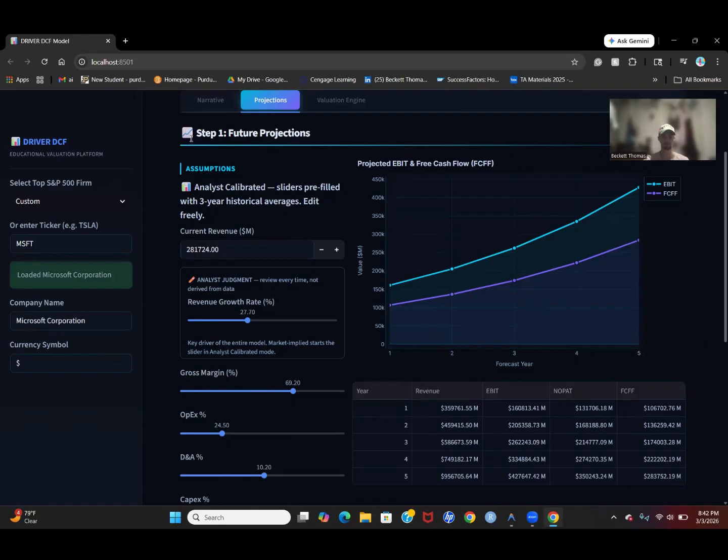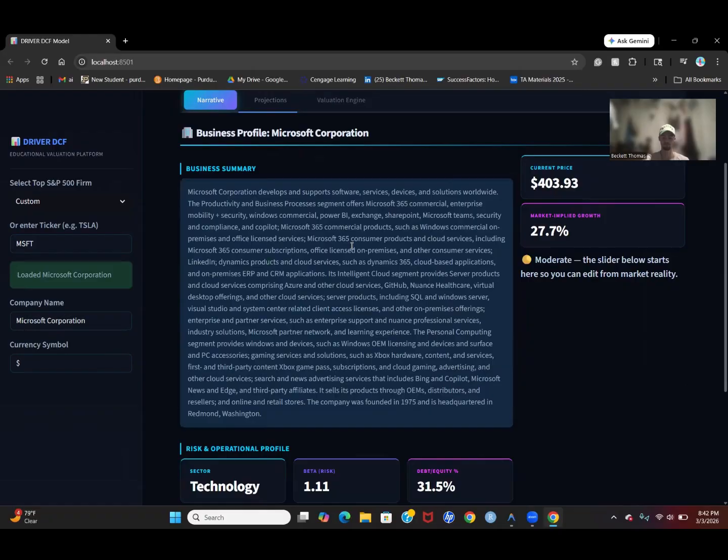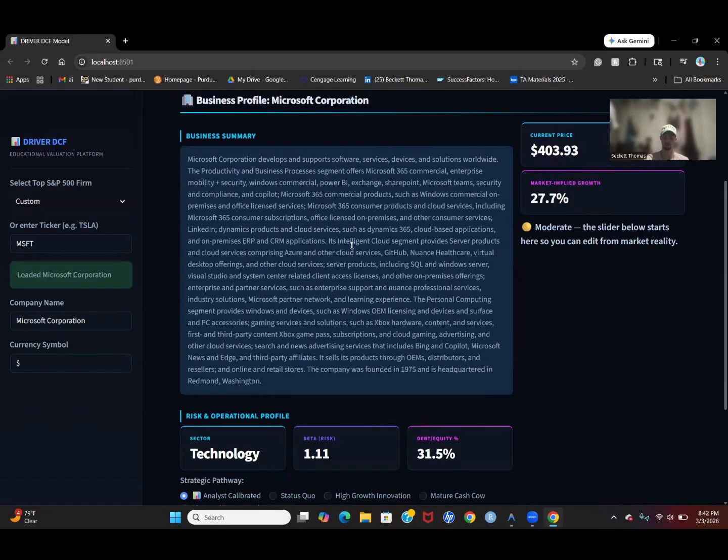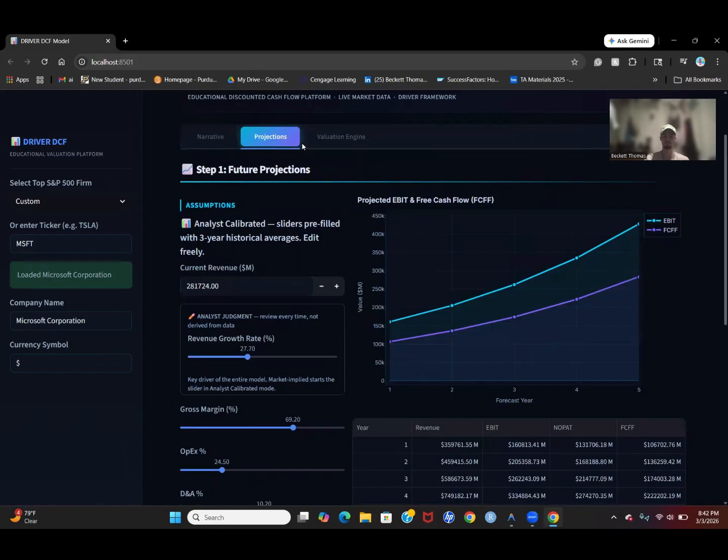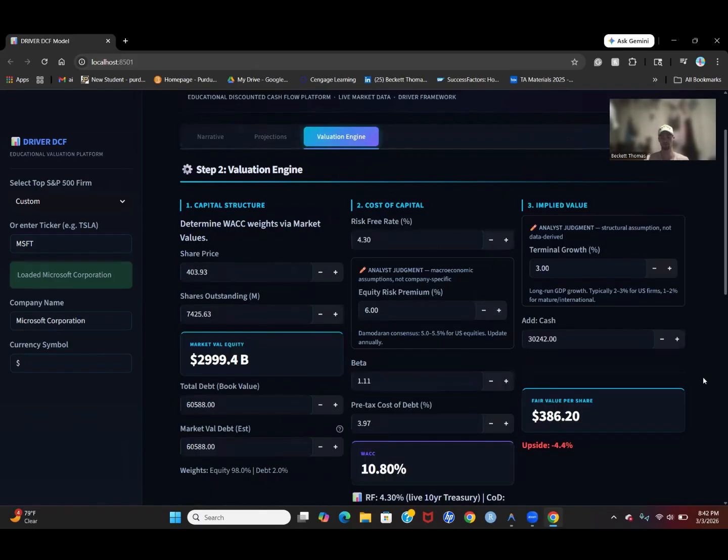The beta is also lower, which will contribute to the lower weighted average cost of capital, meaning we discount cash flows less aggressively. Let me change this back to the original.